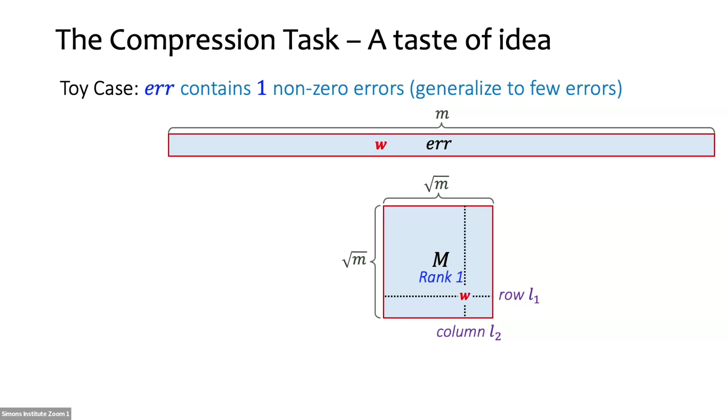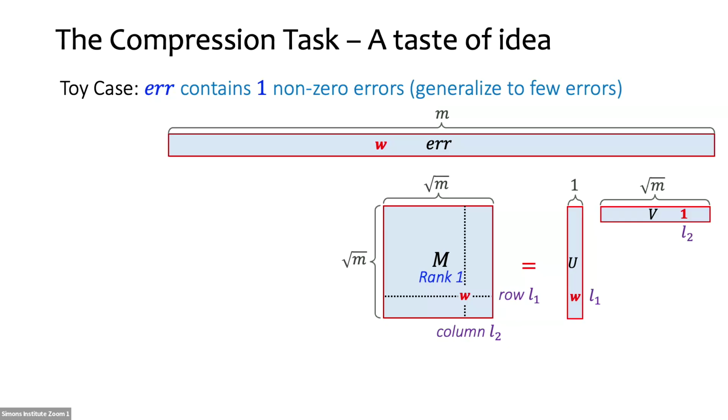How do we compress such a matrix? Well, very simple. It actually equals the product of a column vector with 1 in row L1 and a row vector with 1 in column L2. So this is kind of a low-rank decomposition.